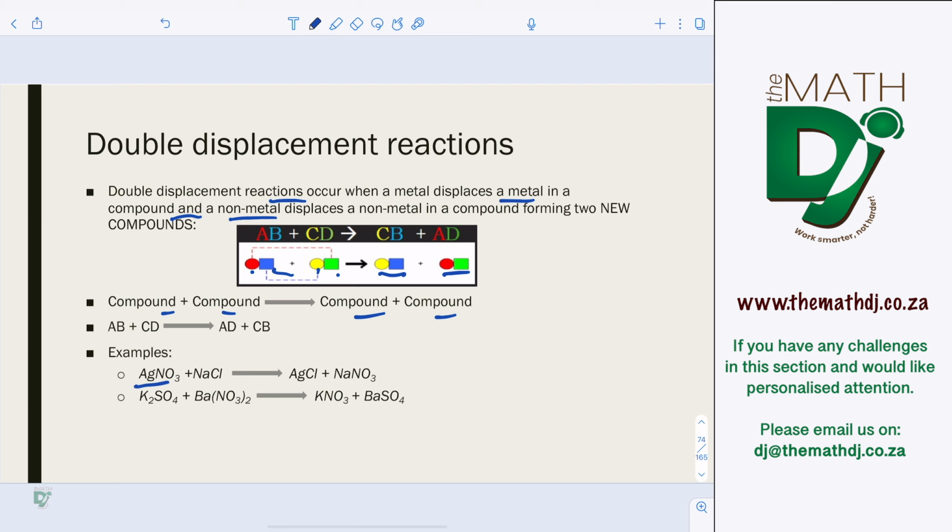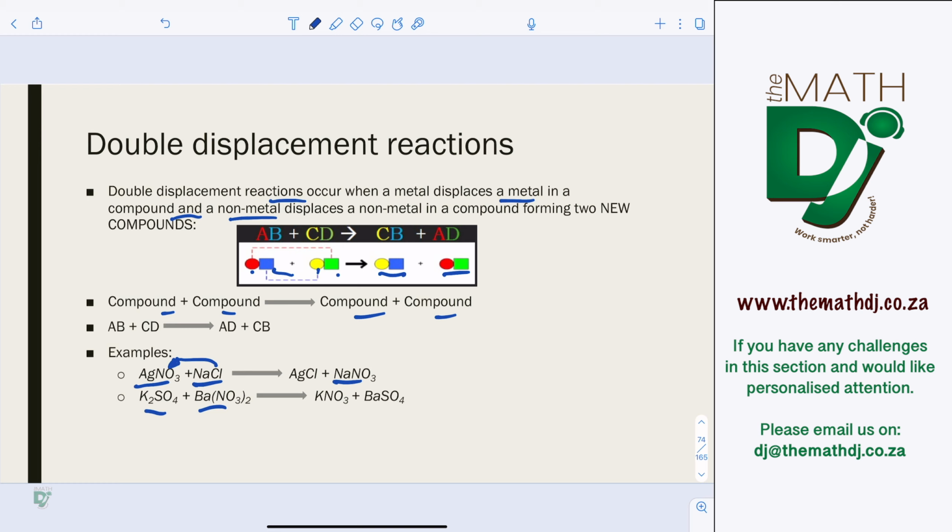Silver nitrate plus sodium chloride: chlorine displaces nitrate to form silver chloride. Then the nitrate combines with the sodium to form sodium nitrate. The same for the one below, potassium sulfate and beryllium nitrate.